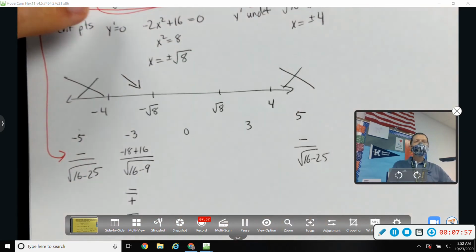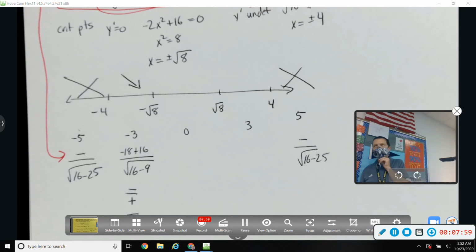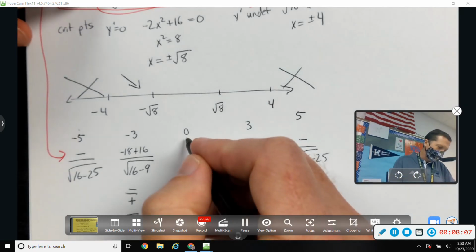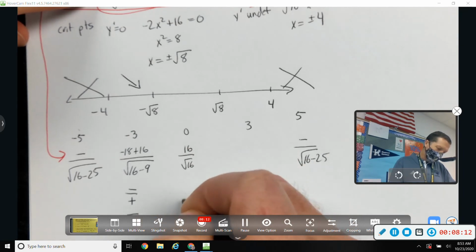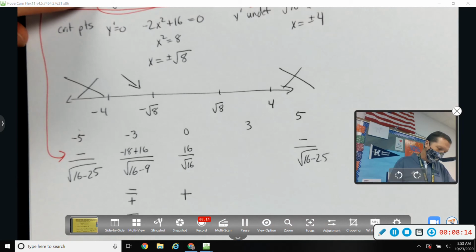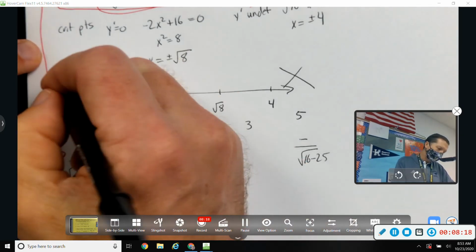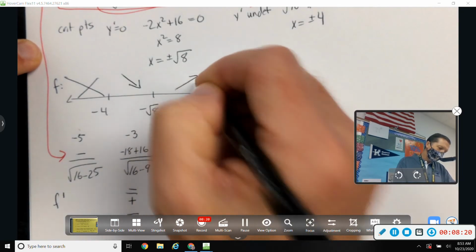So that's a decreasing interval. Usually they alternate, but this one's already been weird, so you don't want to just trust that. 16 over square root of 16. Finally an easy one. F prime, we should be clear, F prime is positive. That means F is increasing.